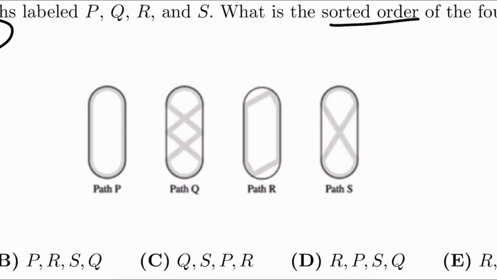In this diagram, path P is just the standard one that goes all around, and let's compare that to path R first. Path R, compared to path P, goes in a circular arc, while path R just cuts into it.